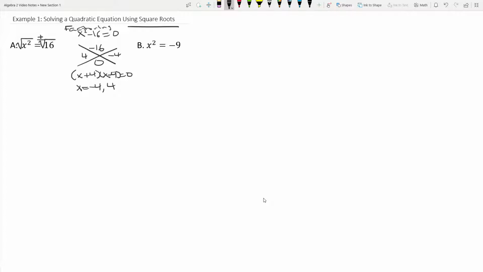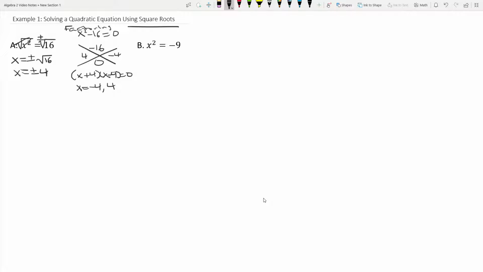So the square and the square root cancel, and we get x equals plus or minus the square root of 16, which is plus or minus 4.